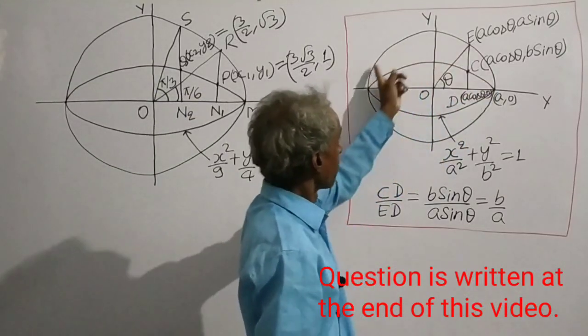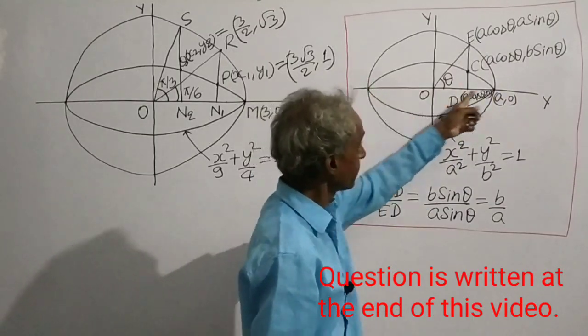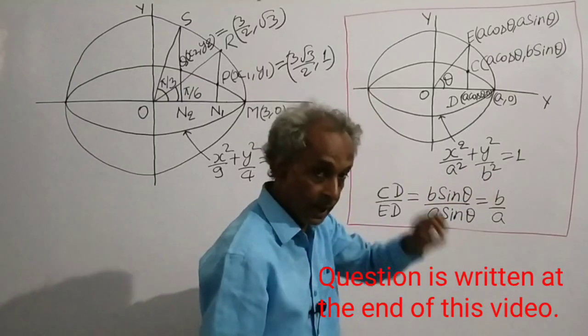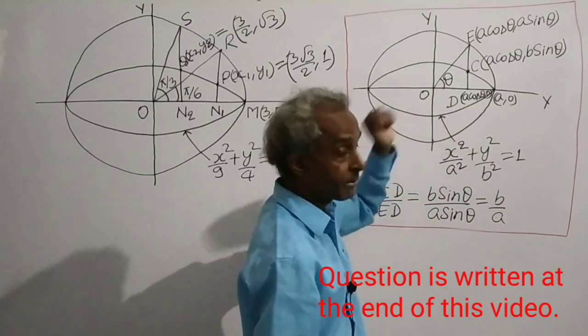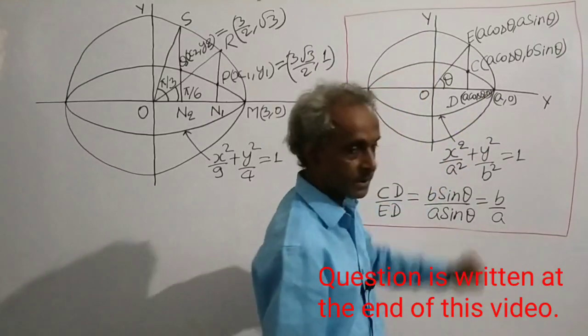The circle described by taking the major axis of this ellipse as one of its diameters is called the auxiliary circle of this ellipse.